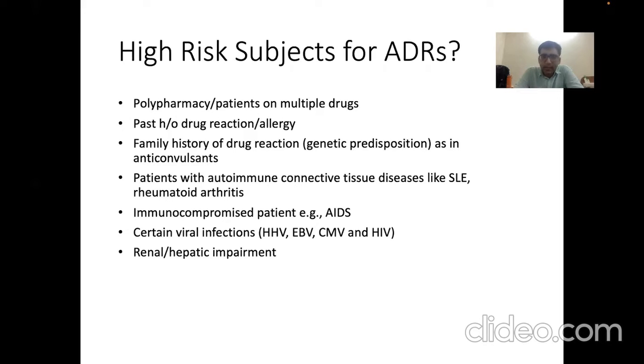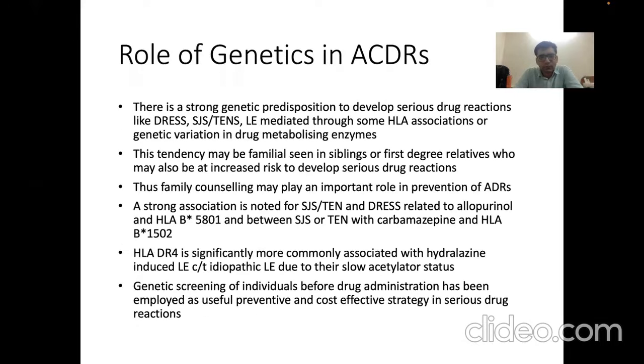So what are the high-risk subjects for adverse drug reaction? Can be patients on polypharmacy, multiple drugs, history of any drug rash or allergy, family history of drug reaction, as seen in anticonvulsants, patients with autoimmune connective tissue disorders, immunocompromised patients in certain viral infections, HIV, HBV, and renal and hepatic involvement.